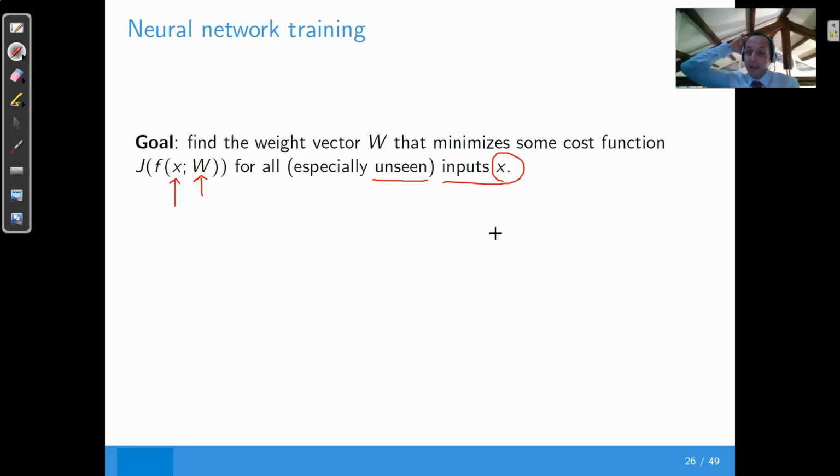This is a very important property which is called generalization. So when we speak about generalization, it means that the neural network should work properly also when some unknown or unseen inputs are used. This is an important feature of our network.